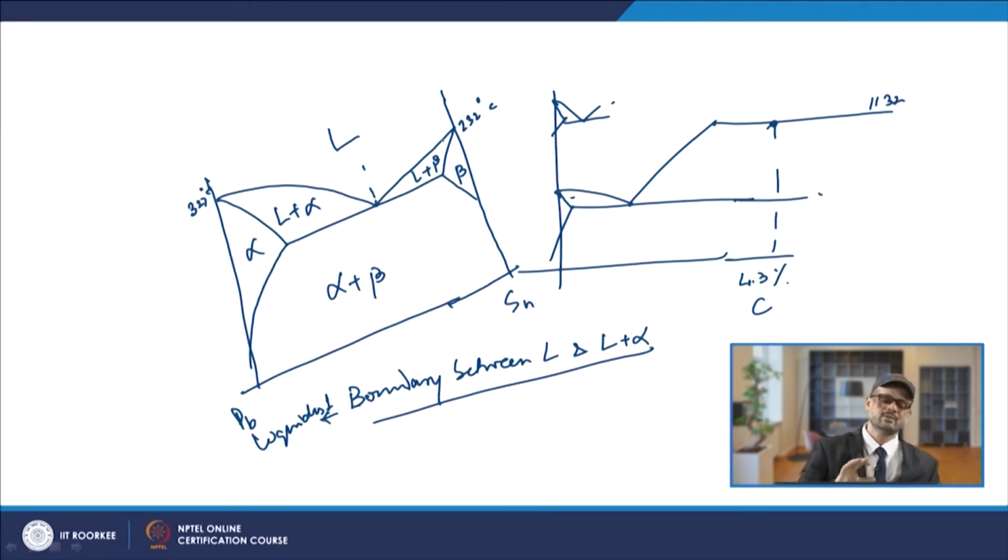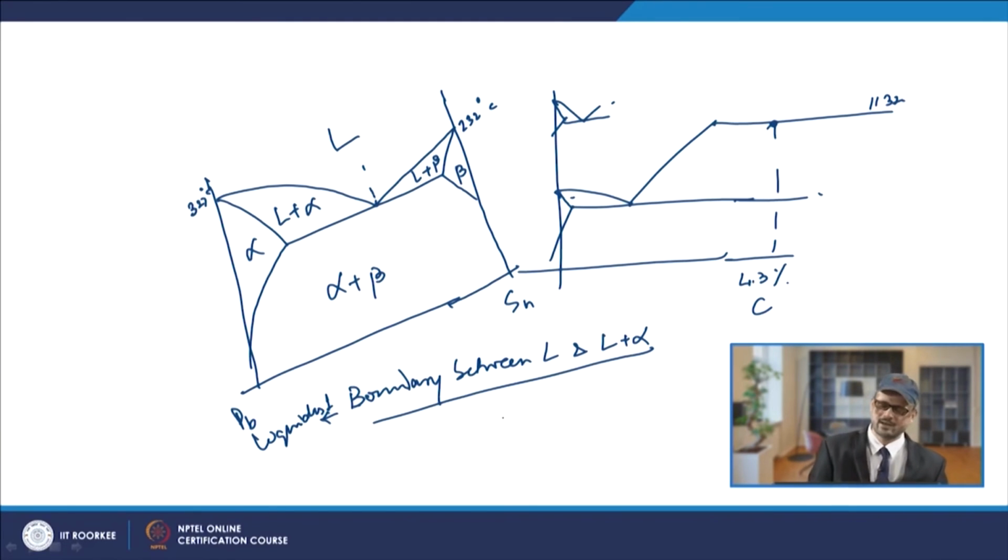Similarly, you will have the solidus line, which will be solidus 1 and solidus 2. The solidus line is normally between alpha and L plus alpha, and similarly beta and L plus beta. So, this is your liquidus line, and this is your solidus line. Apart from that, you also have solvus lines.